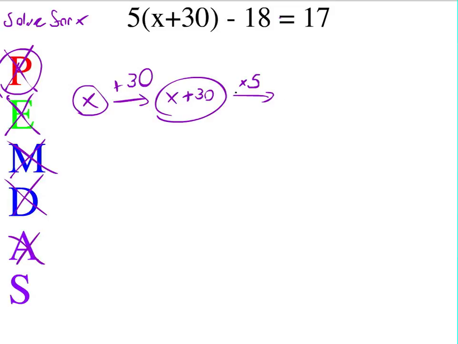One thing I forgot to do here is, since I'm multiplying by 5, my expression is 5 parentheses x plus 30 close parentheses. Now my next operation I identified as subtraction, so we're subtracting 18. And so now my whole expression is 5 times x plus 30, minus 18.